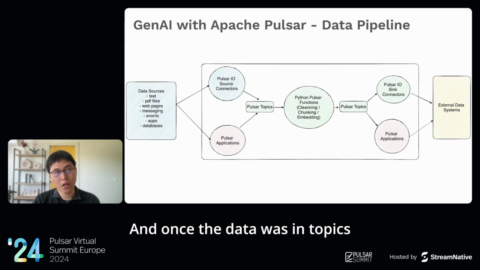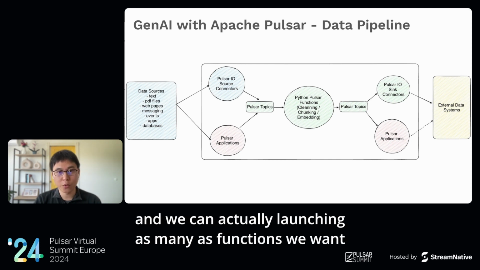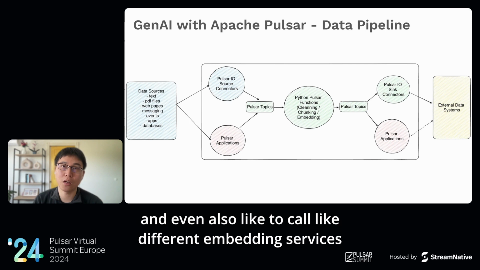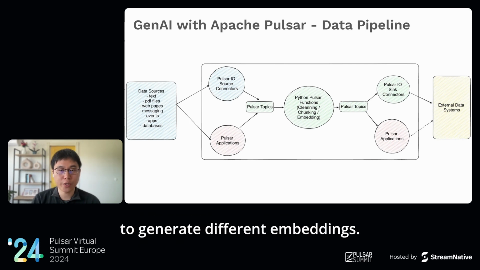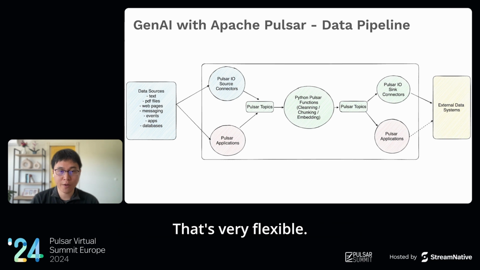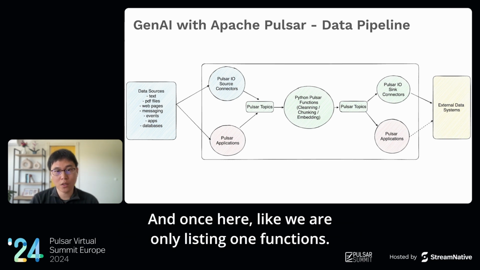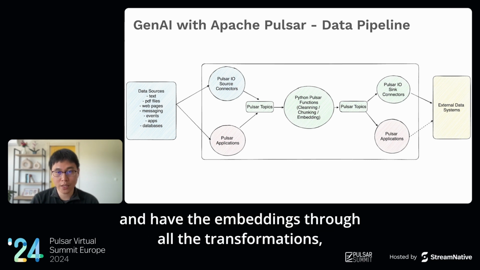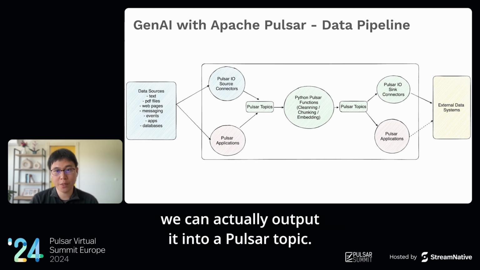Once the data is in topics, we can launch as many functions as we want to do different jobs, and even call different embedding services to generate different embeddings. That's very flexible. Here we're only listing one function. Once we have this function processing the data and doing all the transformations, we can output it into a Pulsar topic.